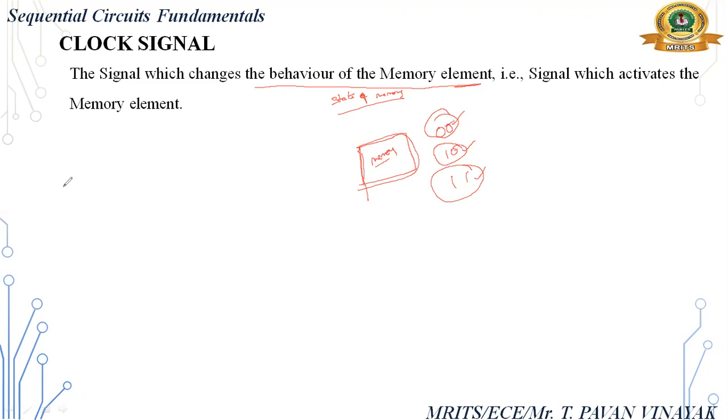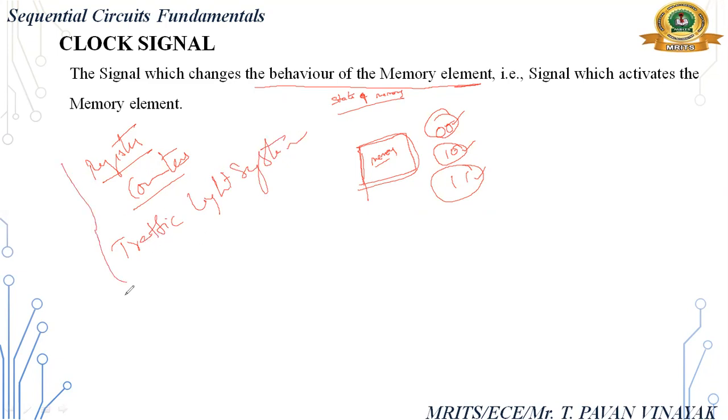For example, sequential circuit examples are what? Registers, counters, your traffic light system. Many examples are there. Suppose you consider the traffic light system. What type of memory do we require?